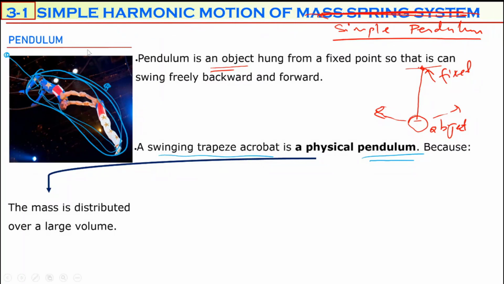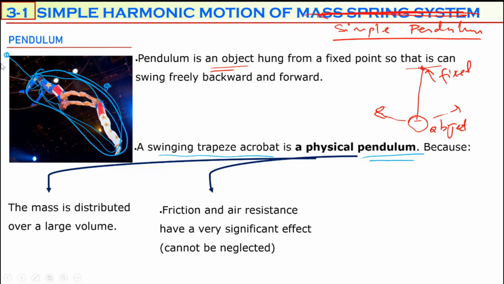So mass is distributed over a large volume, and because of this, they have a very large area of contact with the air. For that reason, air resistance cannot be neglected, and it has a significant effect on the vibration of this pendulum. So friction and air resistance cannot be neglected.